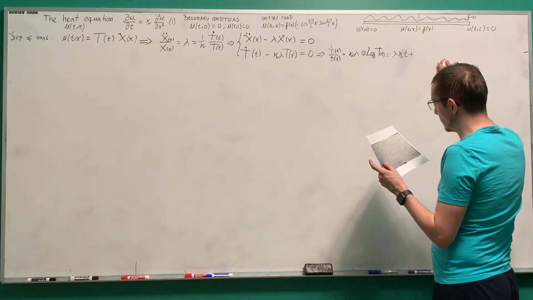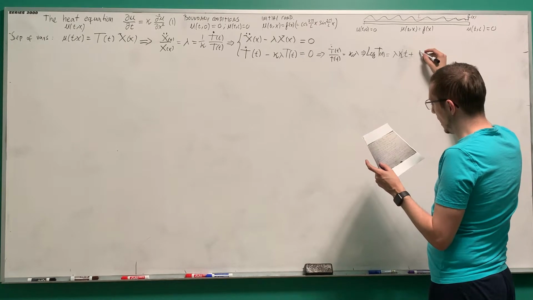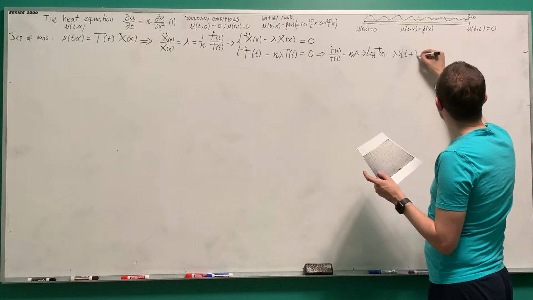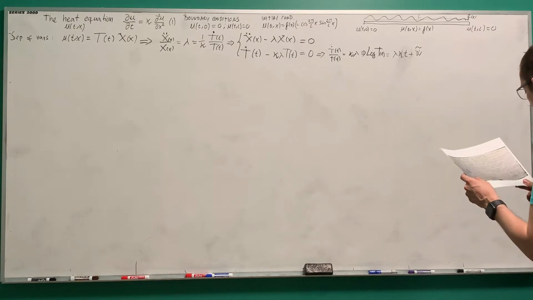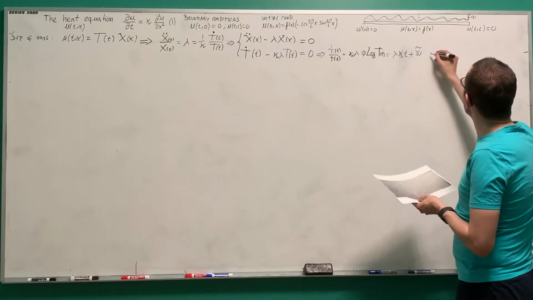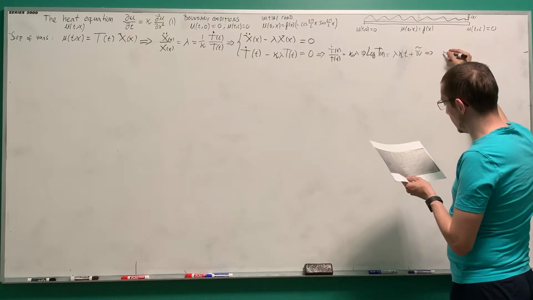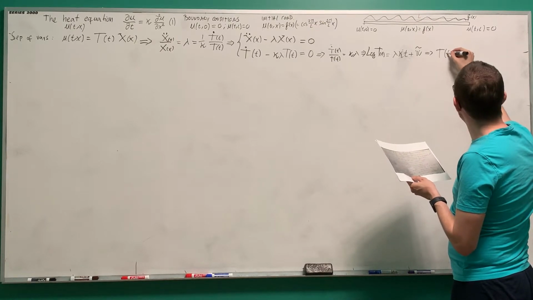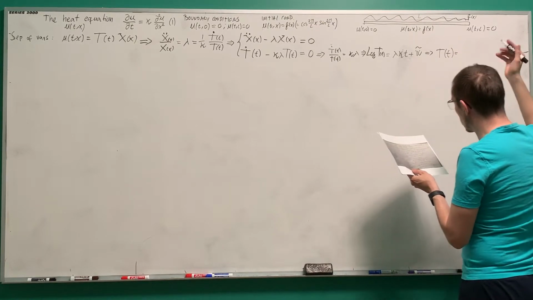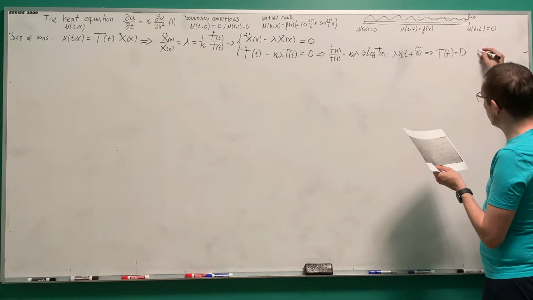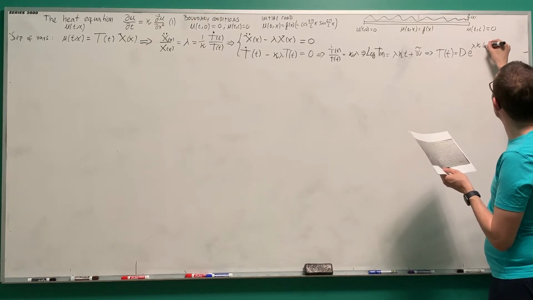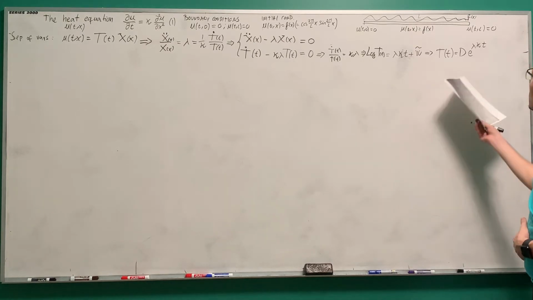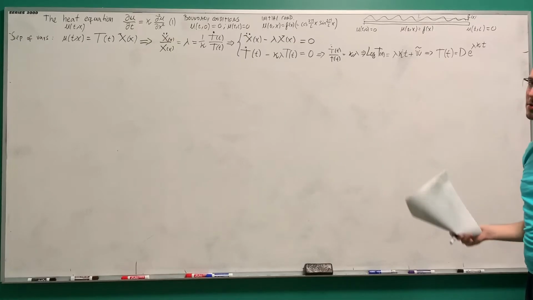let's call this constant, I don't know what I would call it, I call it here w tilde, so for example, w tilde, and then that means that T of t would be some constant, let's call it d, e to the lambda kappa t. Now this constant is not going to be so important because we're going to reabsorb it in another constant.